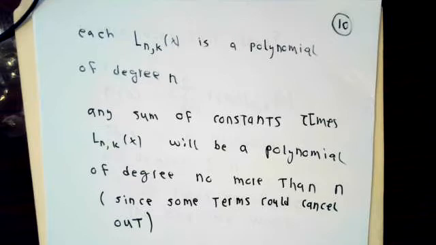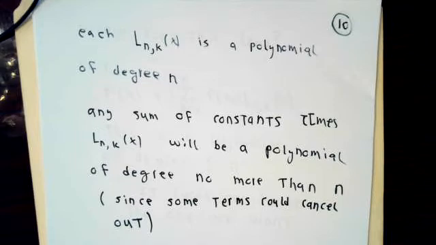Each of these L polynomials, which by the way is named after Joseph Lagrange, in case you're wondering who to blame for all of this stuff, is a polynomial of degree exactly n.